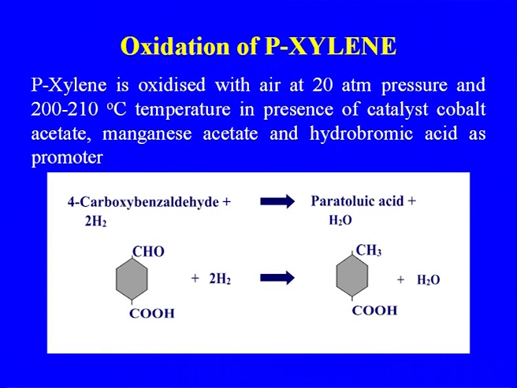This is the reaction that is taking place in the case of paraxylene. Paraxylene is oxidized with air at 20 atmosphere pressure in the presence of the catalyst cobalt acetate, manganese acetate and hydrobromic acid as a promoter.